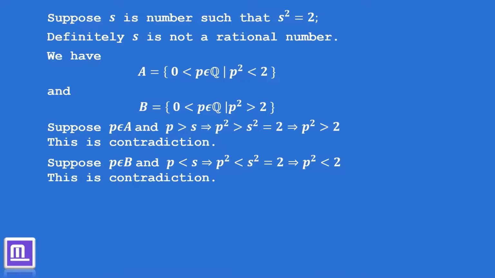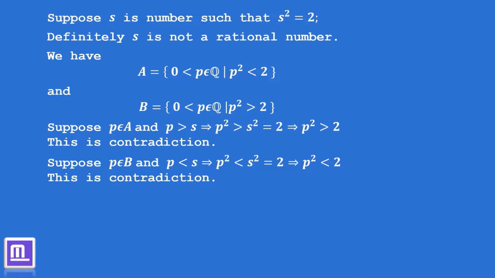Now from our discussion we can find one more number in the set A that is greater than 7 by 5. So we can find very nearby numbers, and we can find infinitely many numbers in set A itself, but none of them are greater than s.